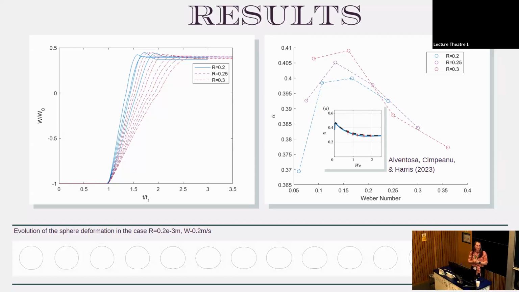So we still need to do more testing here, but I'm very happy with these pictures, so I hope you are too. And then finally, this is just to show you the deformation of the droplet and how it switches and bounces throughout the process. So this is just point of impact to point of release on the specific case that I showed you on all of the previous pictures.